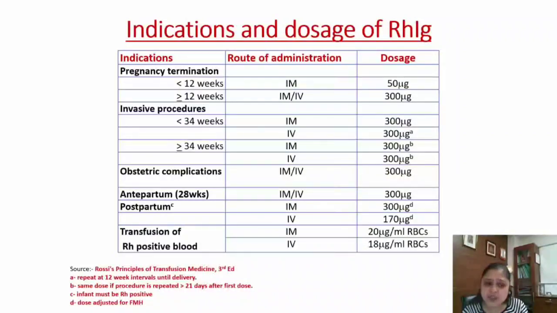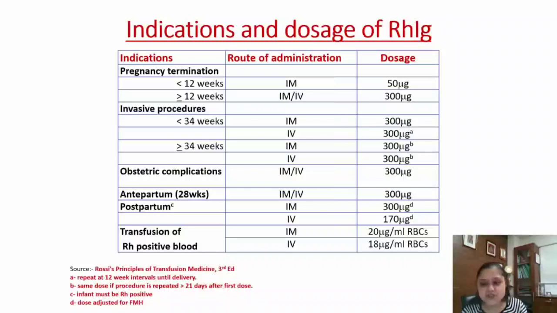It should be noted that it needs to be repeated at 12-week intervals until the delivery. If any invasive procedure is performed at 34 weeks or beyond, then also we need to administer one vial of Rh immunoglobulin, that is a 300 microgram dose, via IM or IV route.